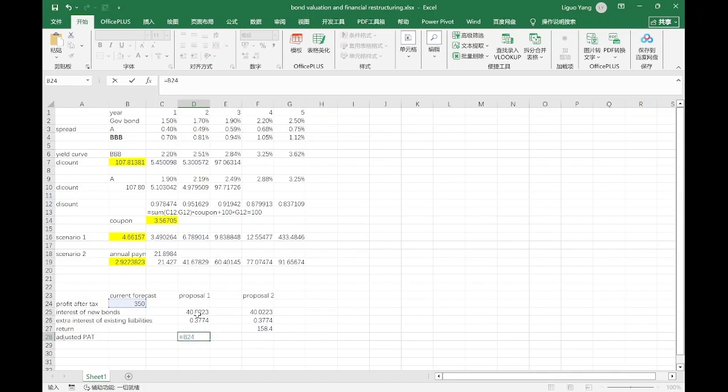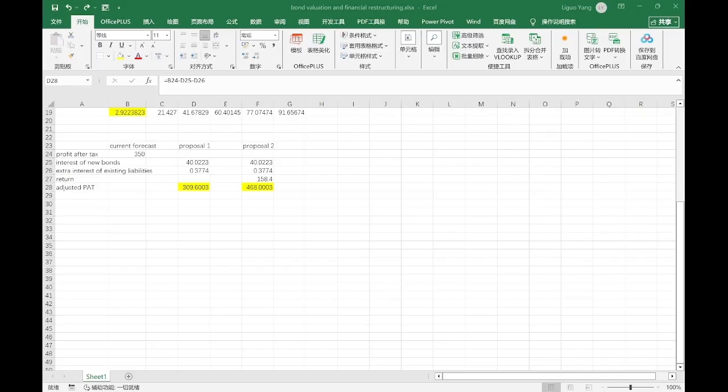Minus, okay. So we have got the adjusted profit after tax. We have taken the relevant factors into consideration.